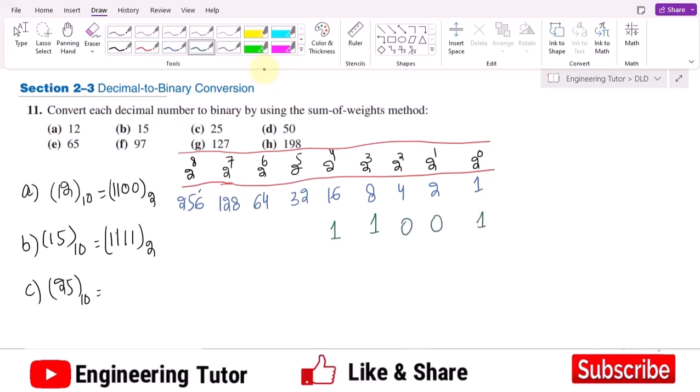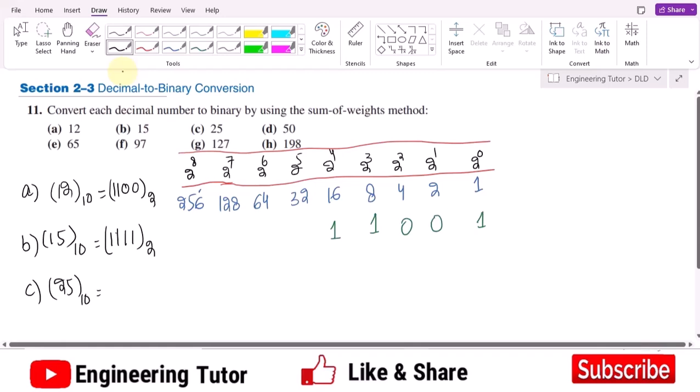So that is my 25, because 16 multiplied by 1, plus 8 is 24, and plus 1 will be 25. So the binary equivalent of 25 is 11001 in base 2. Okay, so that is the binary number.